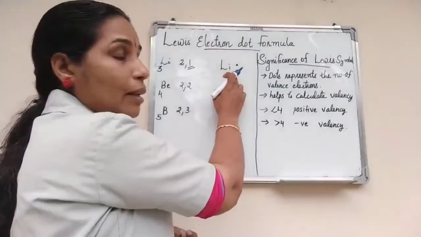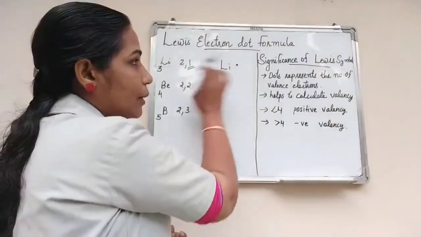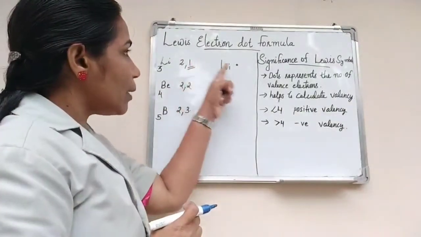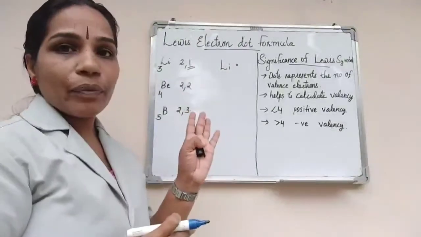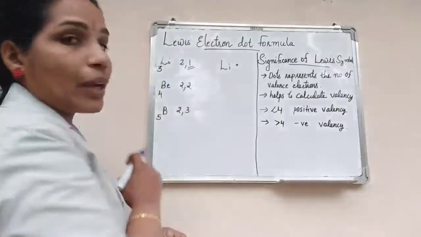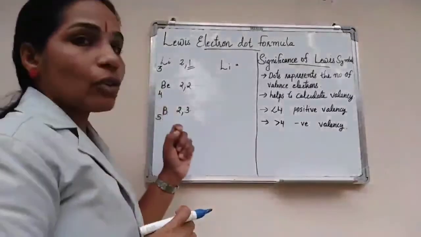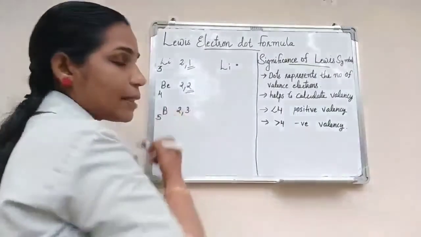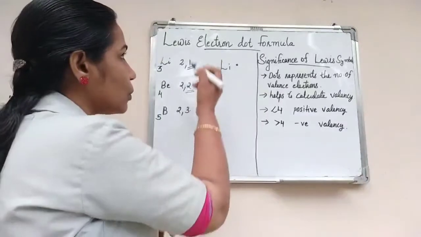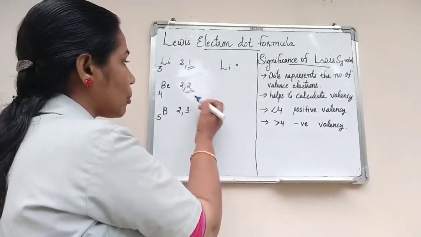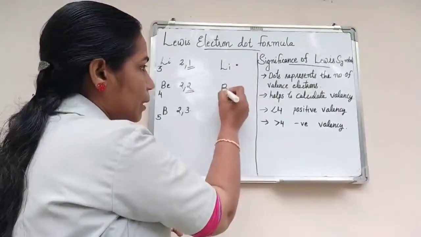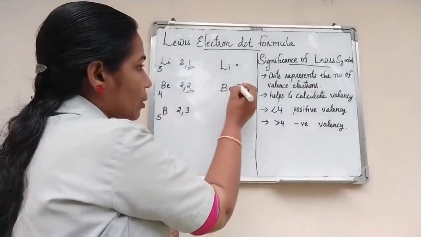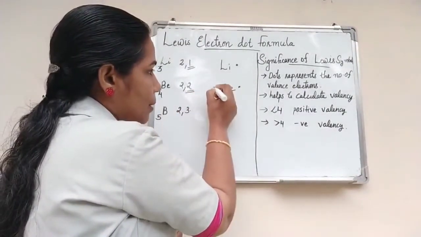Lithium symbol Li, then 1 dot. 1 dot represents that there is only 1 valence electron. Then beryllium. Atomic number 4. Electronic configuration 2, 2. There are 2 valence electrons. According to the Lewis electron dot formula, symbol Be, there are 2 electrons, 2 dots.